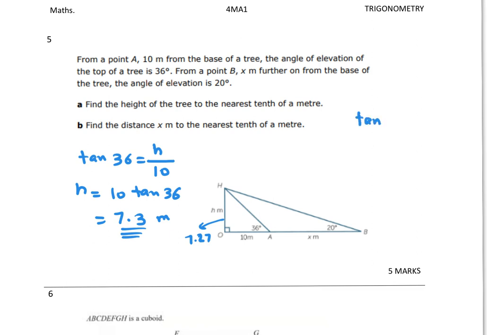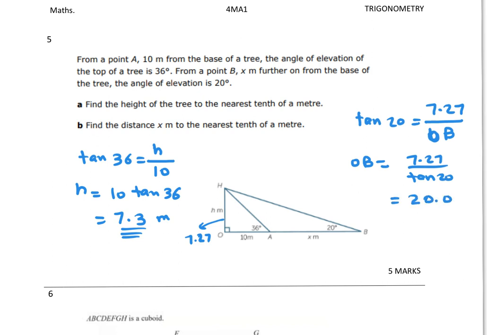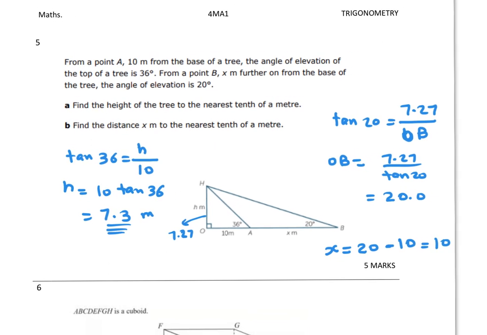From the large triangle, tan 20 equals 7.27 over OB, opposite over adjacent. So OB equals 7.27 over tan 20, which approximately equals 20.0. To find x, 20, which is OB, minus 10, which is OA, equals 10, or 10.0.